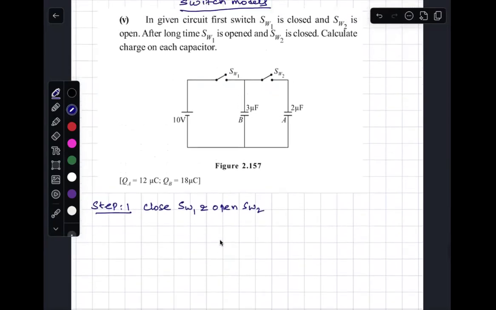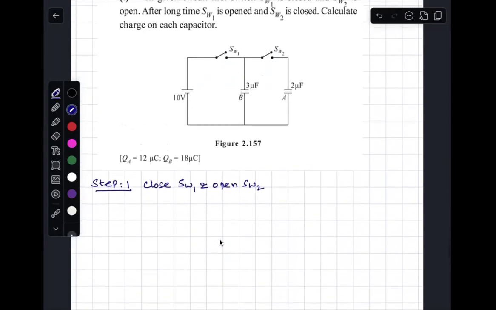Now the question is, what is going to happen? In that case, when SW2 is open, forget about what is happening to your right side part of the circuit. In that case, what is happening? Now, this will become 3 microfarad, 10 volt.